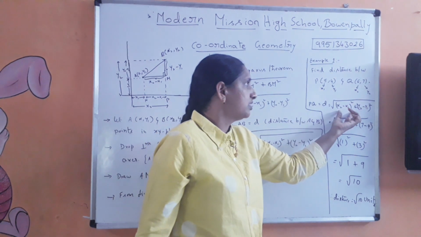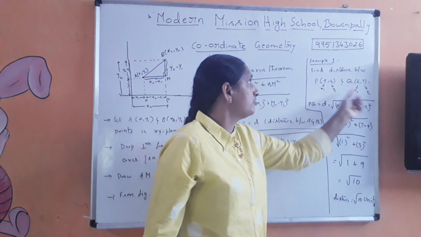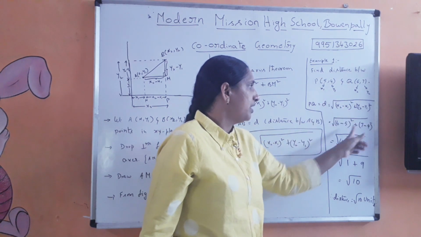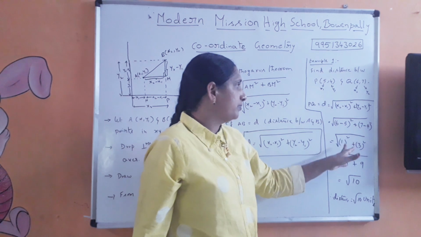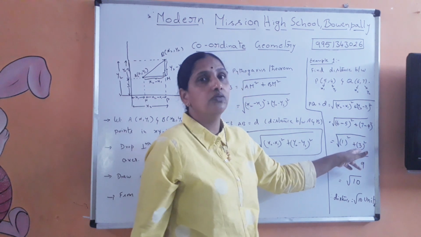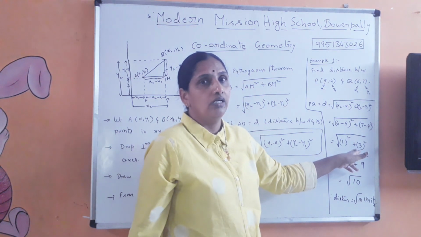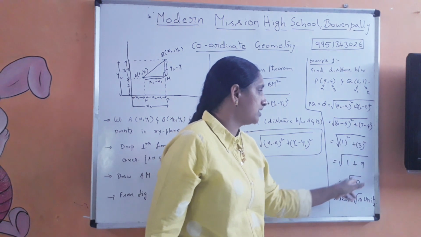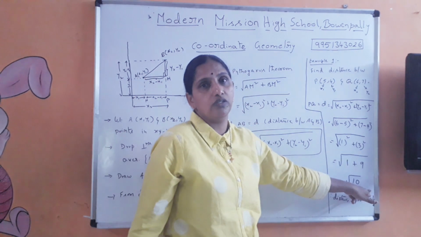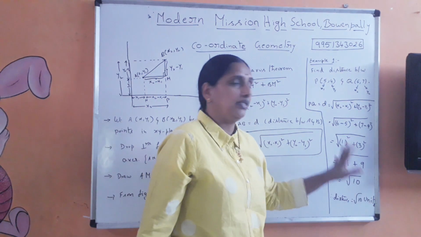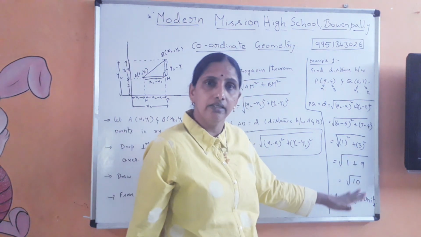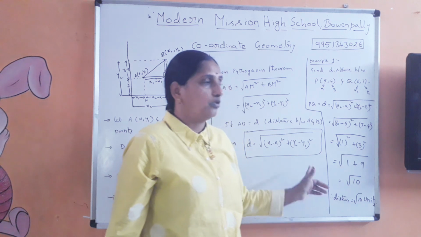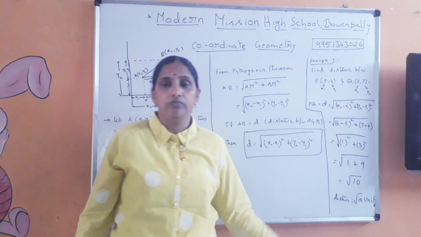Afterwards, substitute the respective quantities in this formula and then simplify. Remember, there is a plus symbol here. You can't split the root, so everything should be simplified under the root only. Just leave it like that if you don't have a perfect root. So square root of 10. Clear? Just pause the video for a moment and then copy this.